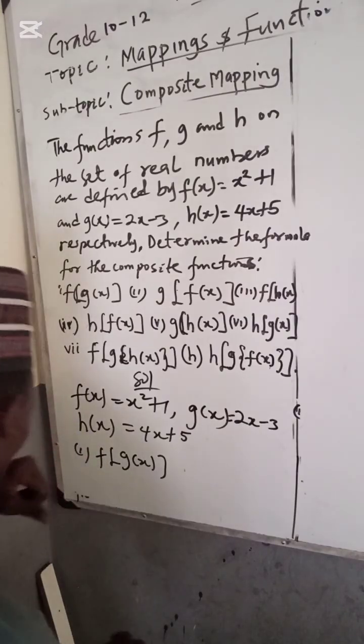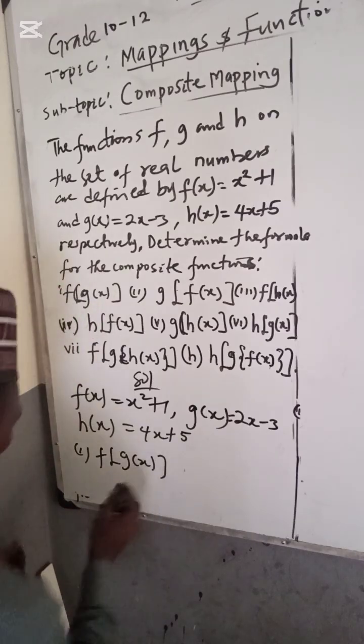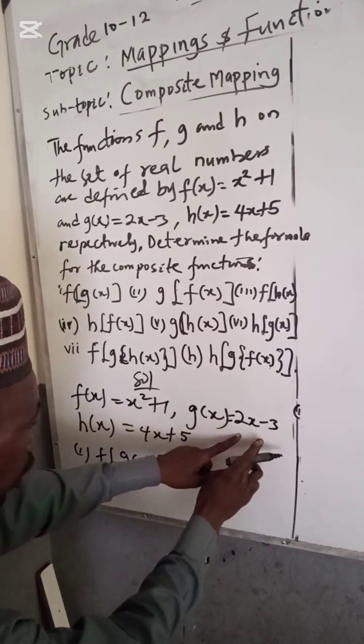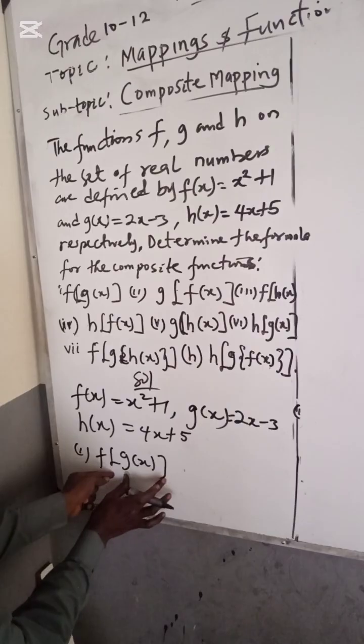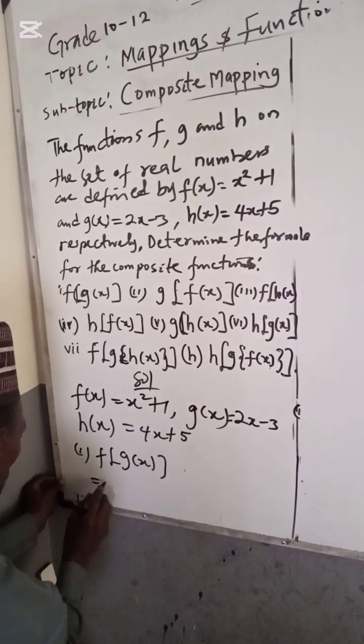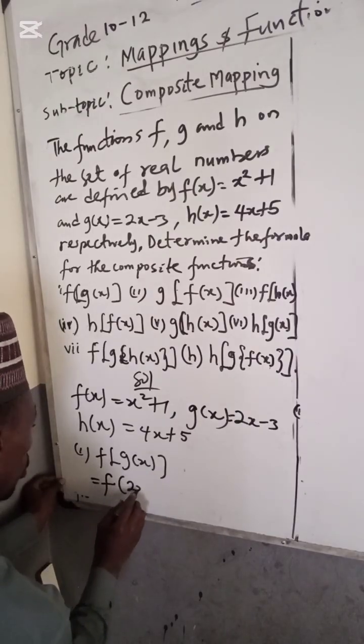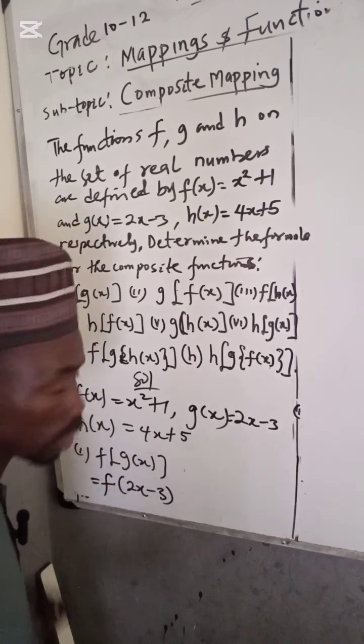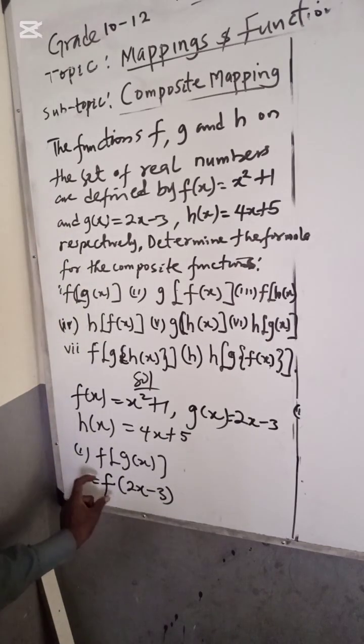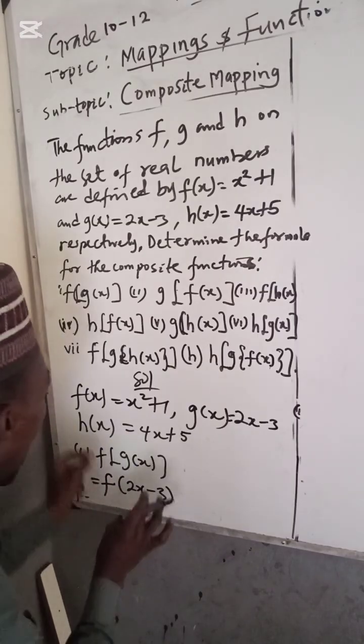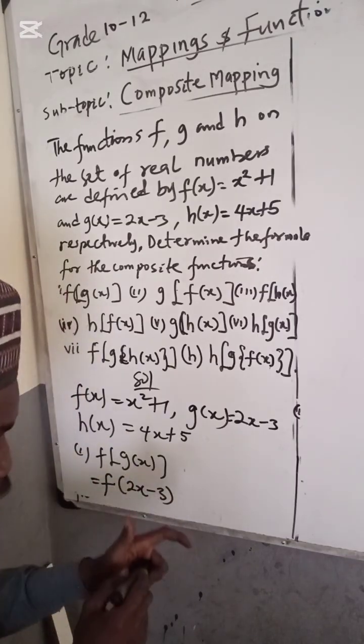How do we do it? g of x is what? g of x is 2x minus 3. So instead of having g of x now, you now have f of 2x minus 3. Now, remember you have your f of x. Instead of having just f of x, you're now having f of 2x minus 3.